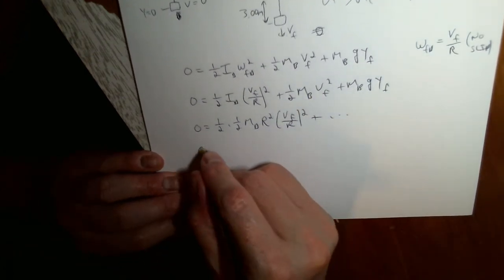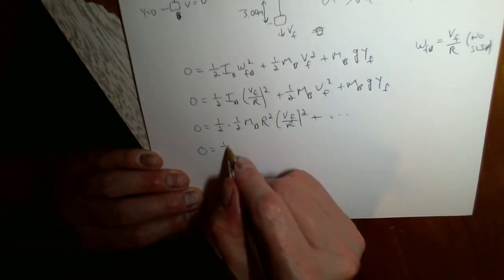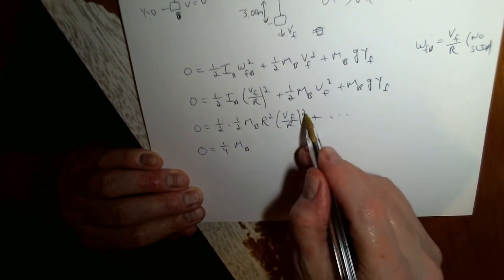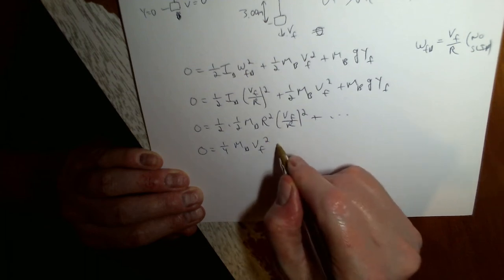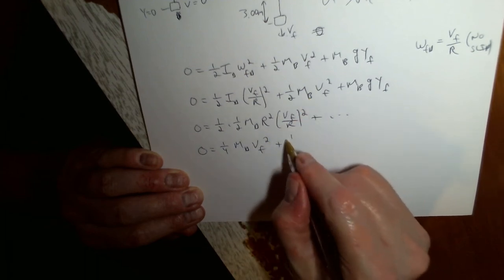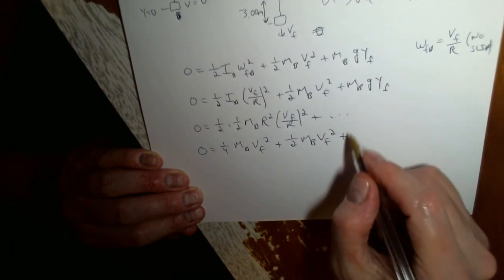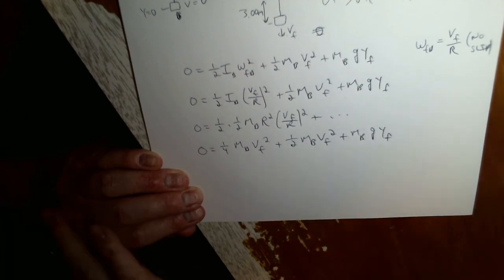Okay, so I wind up with 0 is 1/2 times 1/2, which is a quarter, M drum R squared divided by R squared, which is just 1, so V final squared. Plus, the next term is 1/2 M bucket V final squared plus the last term M bucket G Y final from over here.